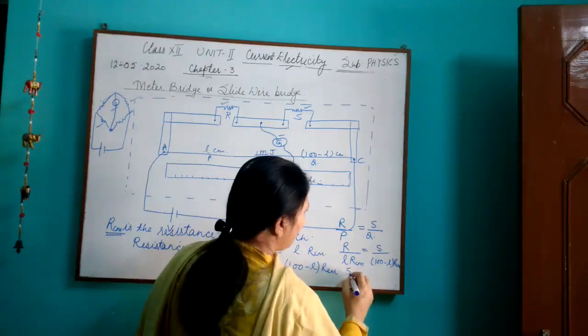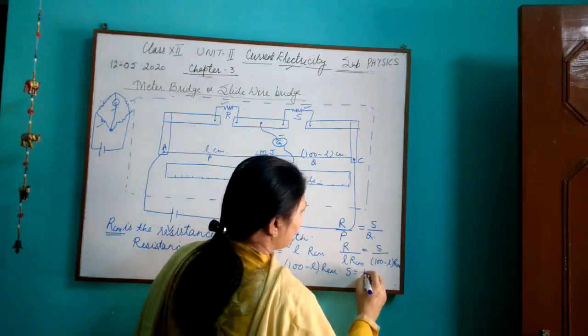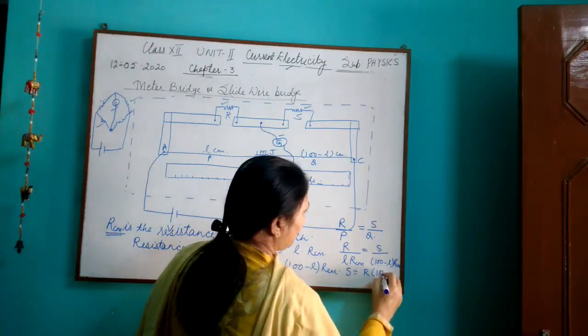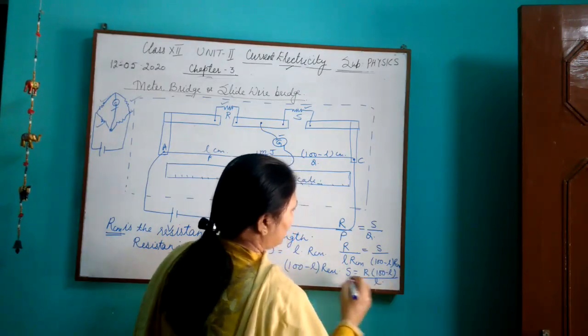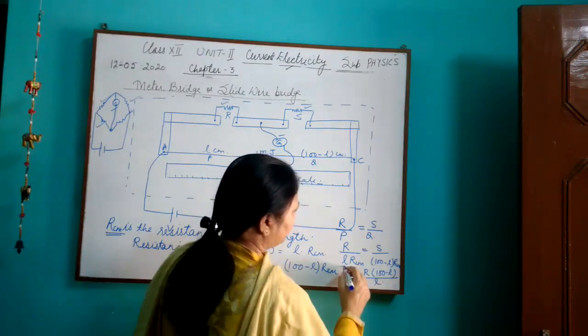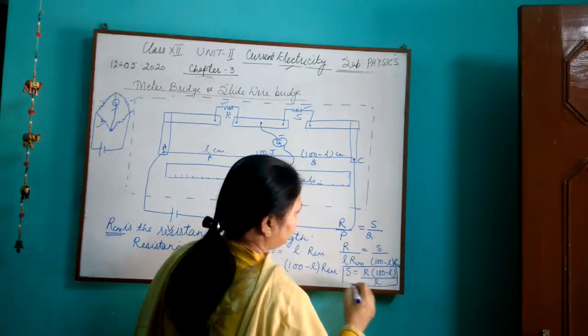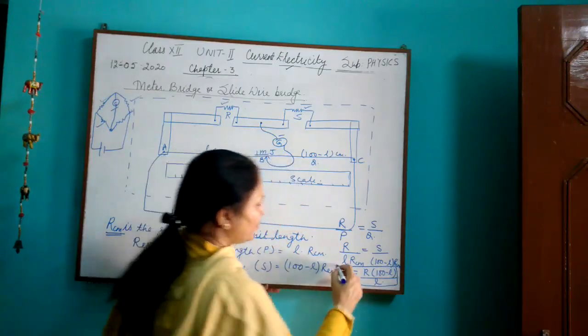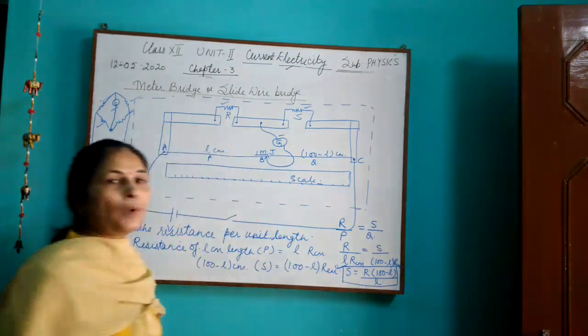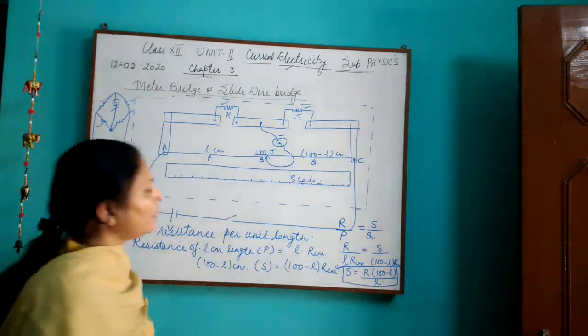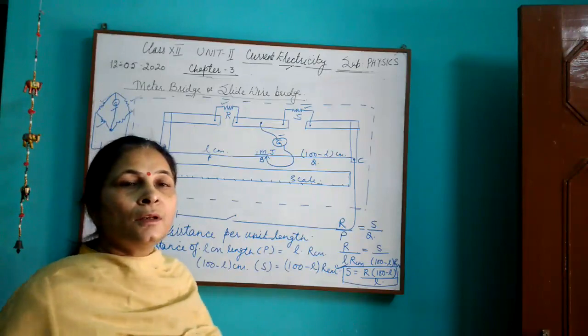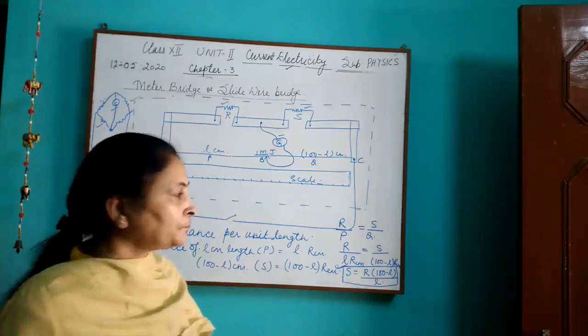This is going to give me S equals R into 100 minus L upon L. So this is the way I can find out the unknown resistance.